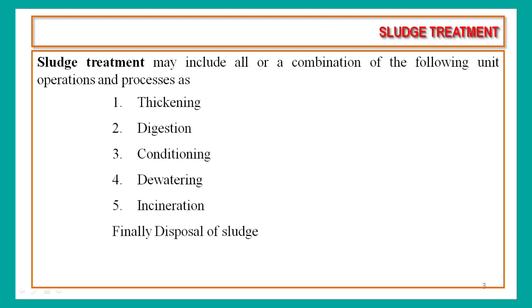And these are the main processes used for sludge treatment. Sometimes we use all of these processes to treat a sludge from a source, or sometimes some combination of these processes.